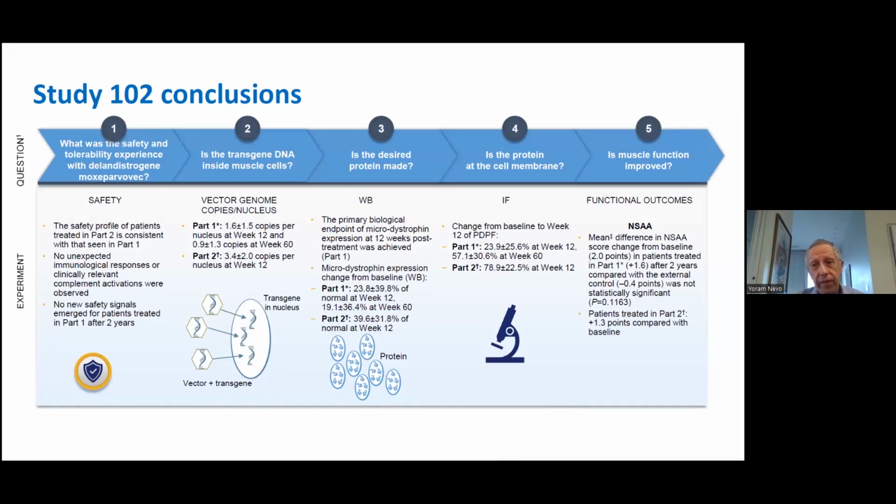First, in terms of safety, basically the same. What number of transcripts are entering each muscle cell? This is very important.